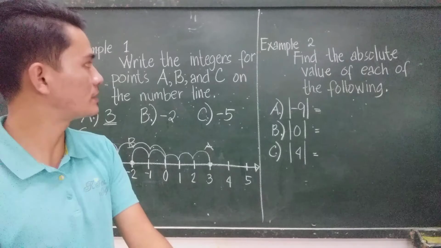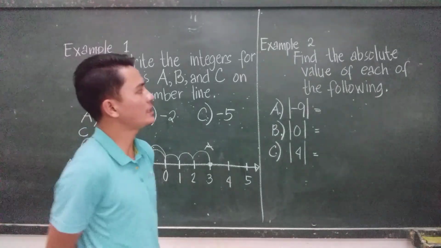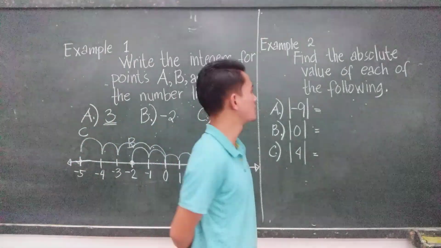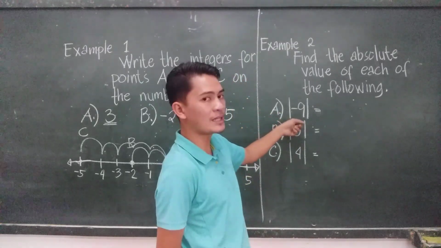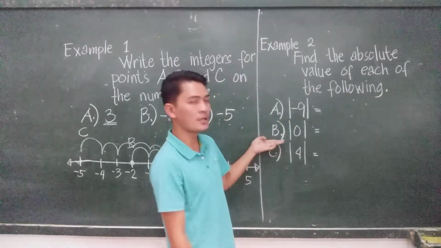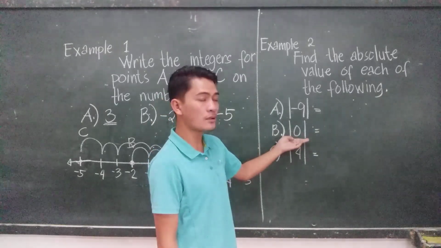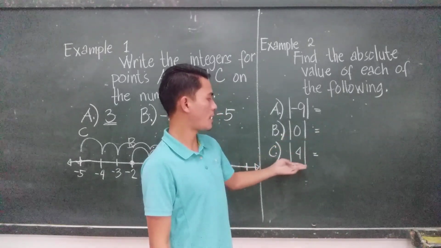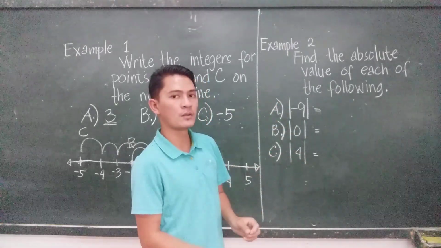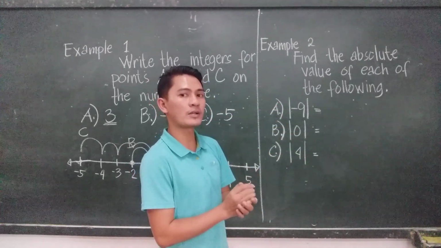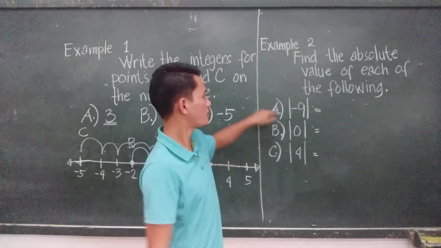So let's have example number 2. Find the absolute value of each of the following. A, absolute value of negative 9; B, absolute value of 0; and C, absolute value of 4. Always remember that the absolute value is always positive.